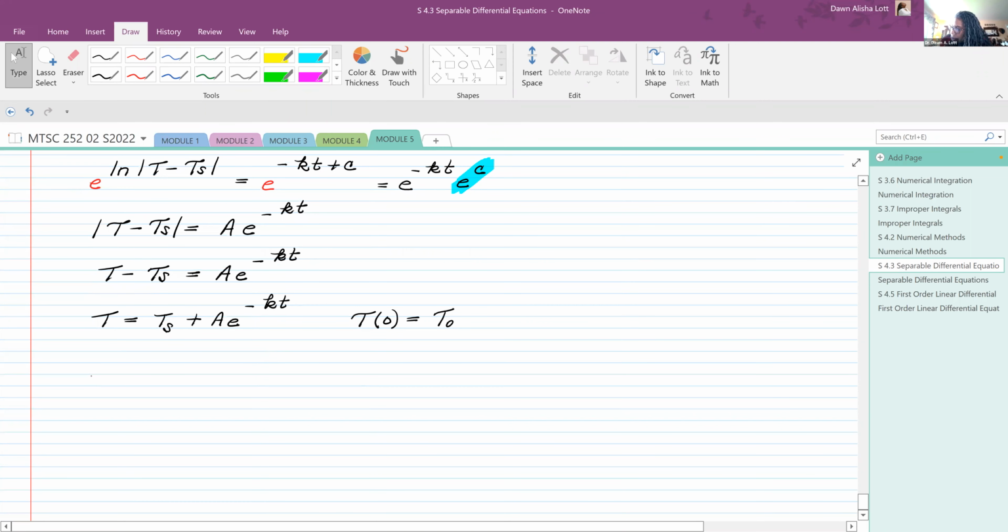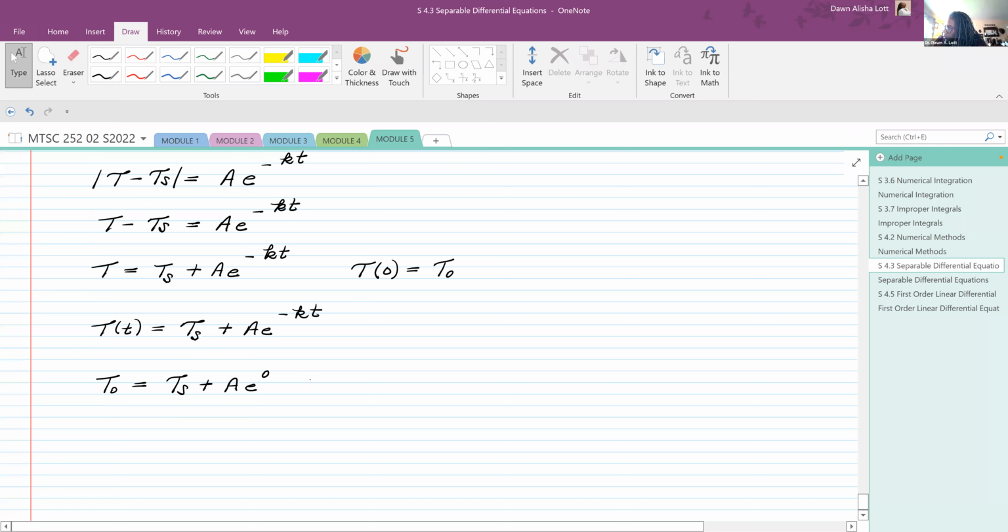So T of t is equal to Ts plus A e to the negative kt. So when I put in 0, I get T naught is equal to Ts plus A e to the 0. So we know e to the 0 is 1.